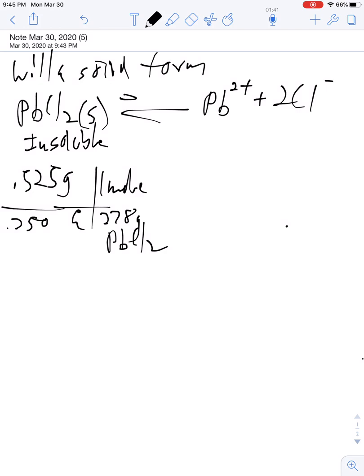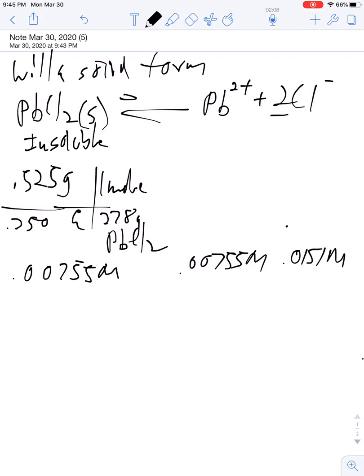So my molarity is going to be 0.00755 molar of the lead chloride. Now, remember there are 2 chlorines, so that means the chloride is going to have a concentration twice as big.